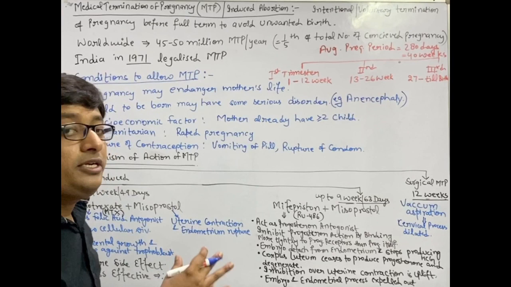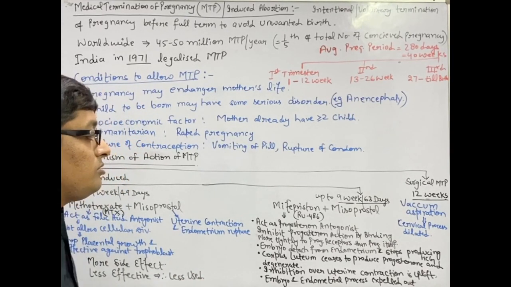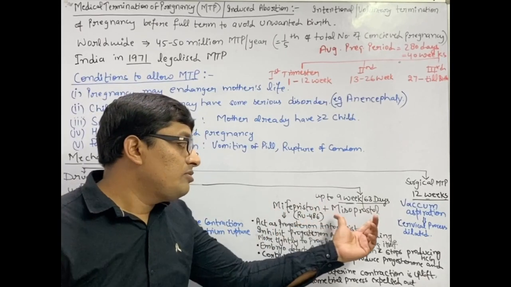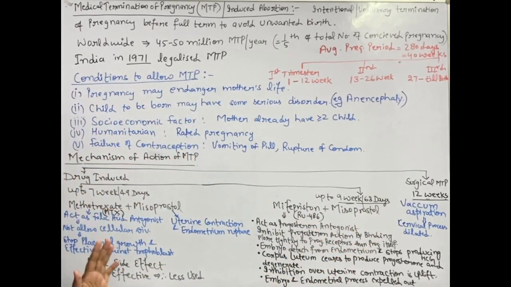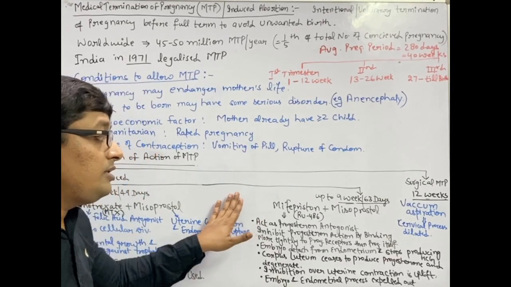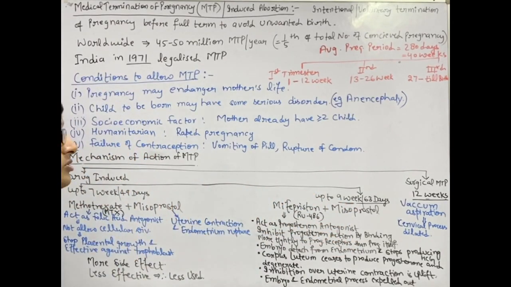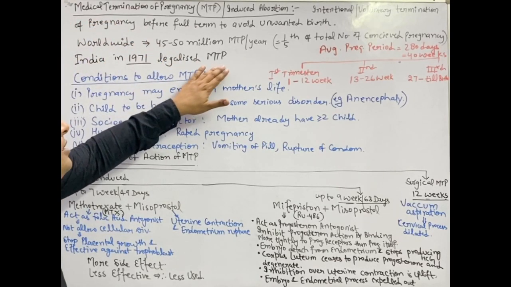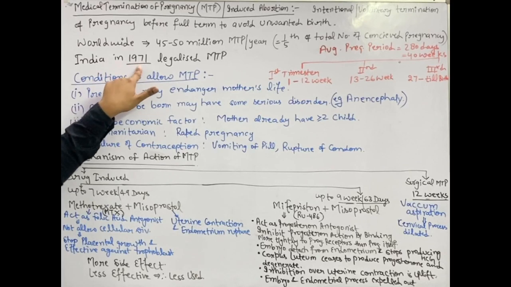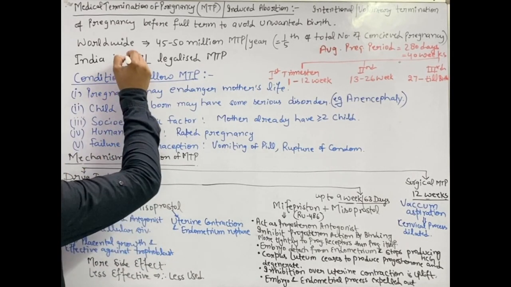Now from the NEET point of view, what is important? The drug names, mifepristone, misoprostol or methotrexate, need not be remembered, nor for how much period they are effective. What is important for the NEET is in which year India legalized the MTP. It is 1971, which is important because NCERT has mentioned this data.